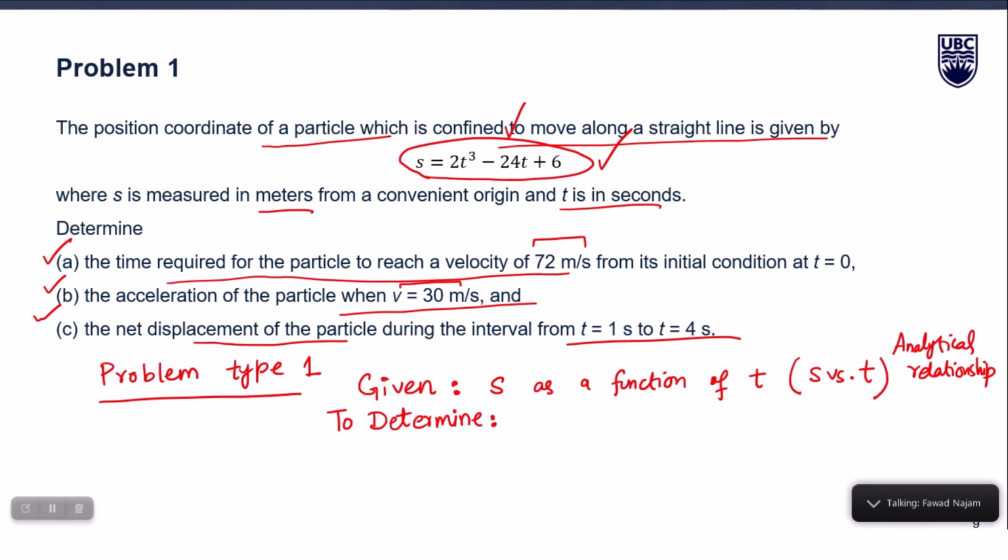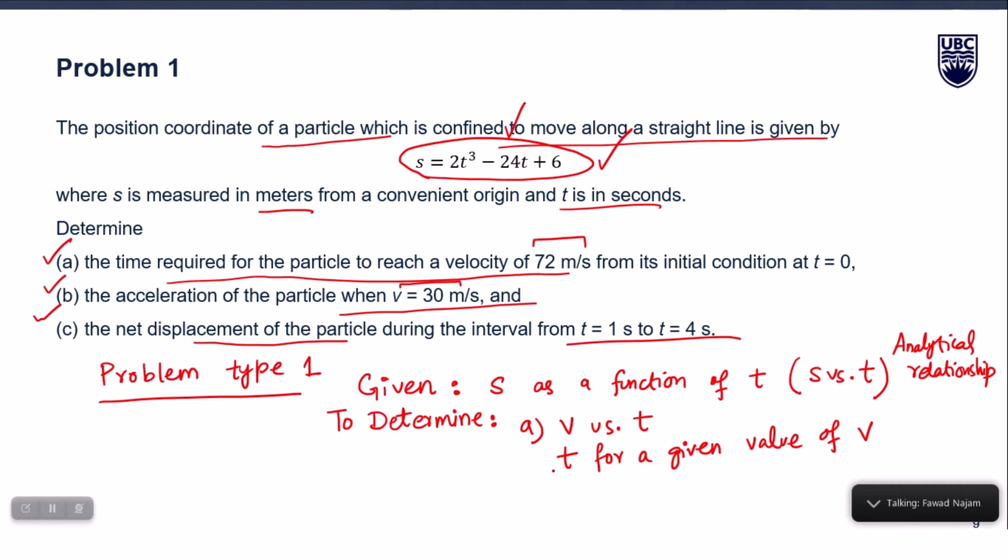So the first thing to determine is V versus T, velocity expressed as a function of time, and then you need to determine T for a given value of V. You can do that from exactly the V versus T relationship.